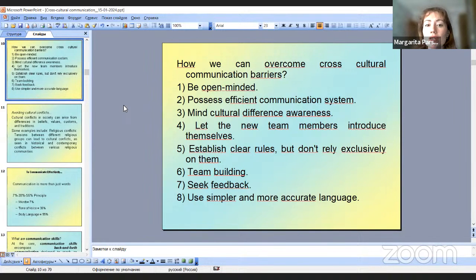Next, third, mind cultural differences awareness. So when you're talking to a person from a different country, you must be aware of differences in mentality, and maybe the time of the day, and also their situation at the same moment.